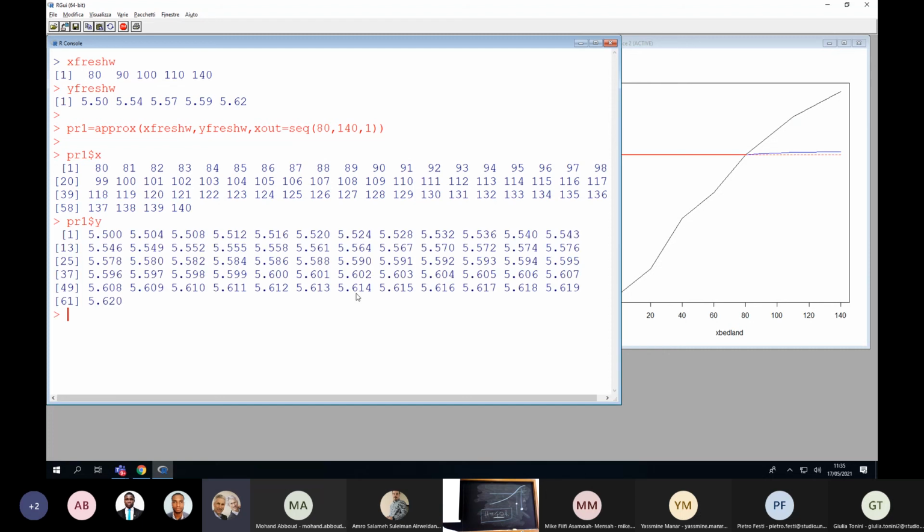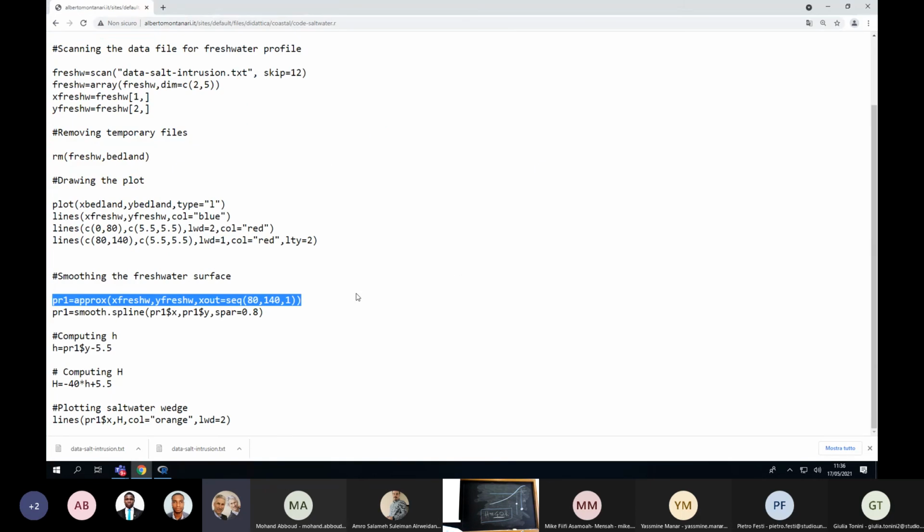You see that they have increased in number, X and Y. And this is because, as I said, I wanted to describe the freshwater profile with a higher resolution. And then the smoothing.